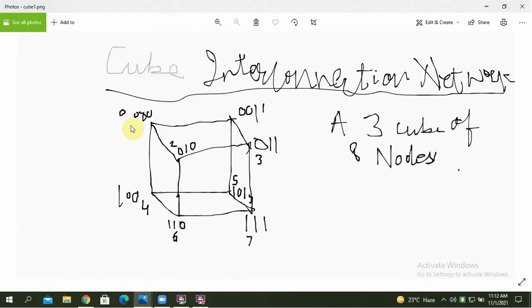Here is the interconnection of the PEs, 0 to 7. This is the C0 routing function.